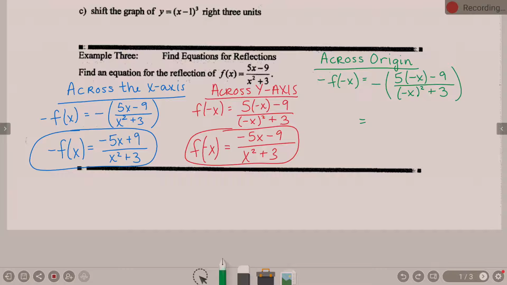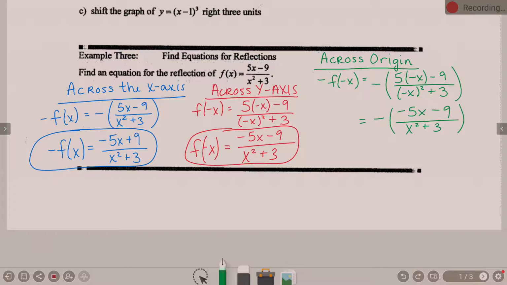My recommendation is maybe we work with the x inside here, and then I'll multiply that negative in at the moment. Just like last time, 5 times negative x is going to be negative 5x, still minus 9, over, what was negative x raised to the second? Positive x squared plus 3.